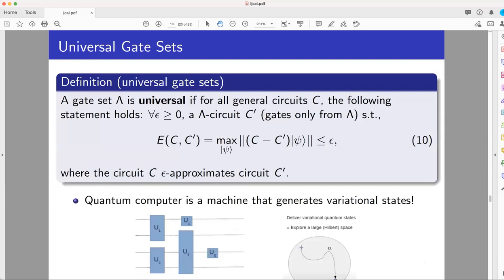If we have a gate set Lambda and we say that the set is universal, then for any general circuit, the following statement always holds.